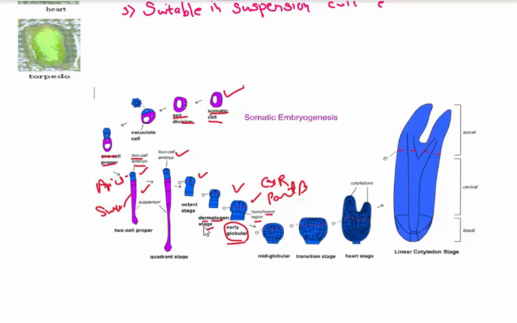After the dermatogen stage, there is the late globular stage, and here the hypophyseal region. Then the mid-globular region, then the transition stage, then the heart stage, and this is the torpedo stage.